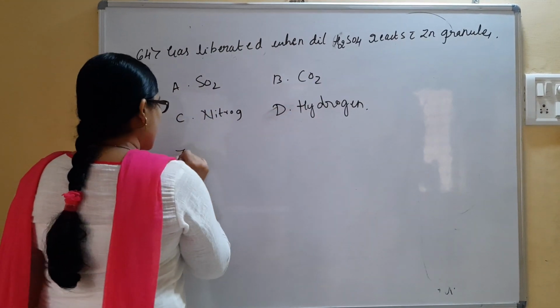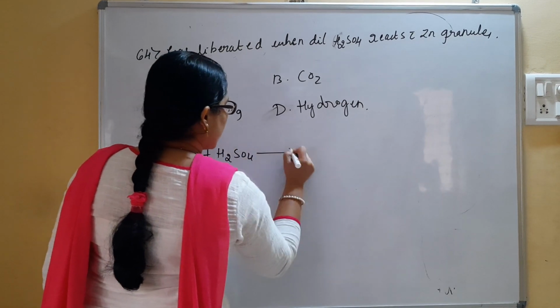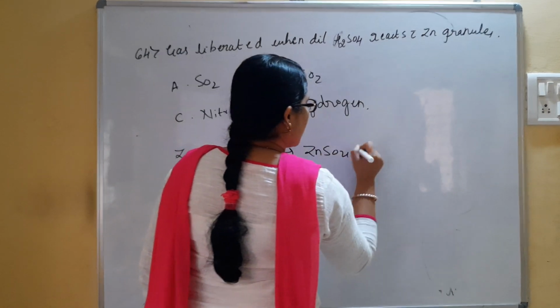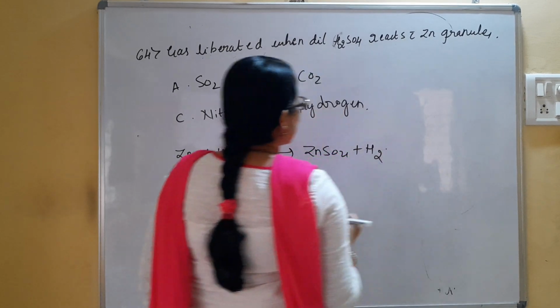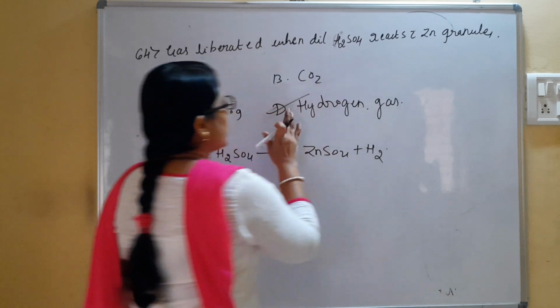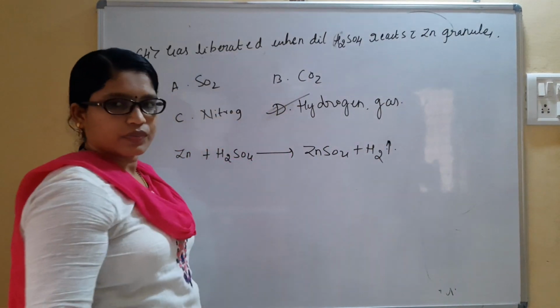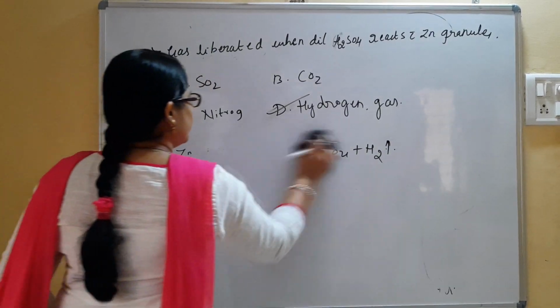Okay. So I have Zn plus H2SO4 gives ZnSO4 plus H2. H2 is nothing but hydrogen gas. So in this question, hydrogen gas is liberated, option D is the correct one. Understood? So next we will move.